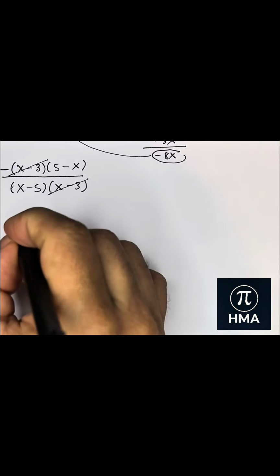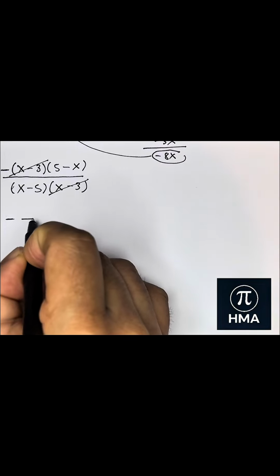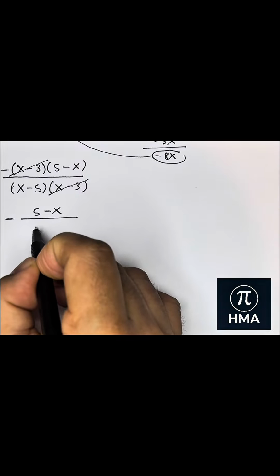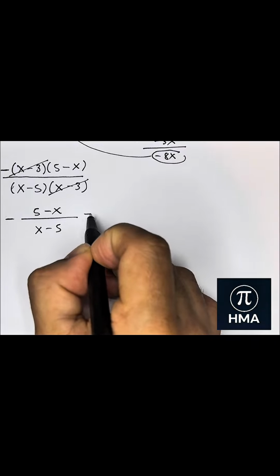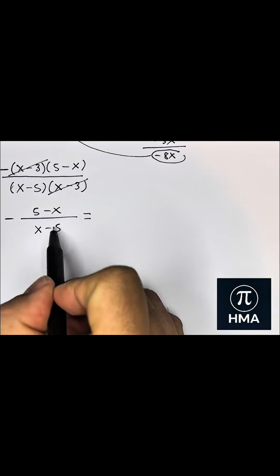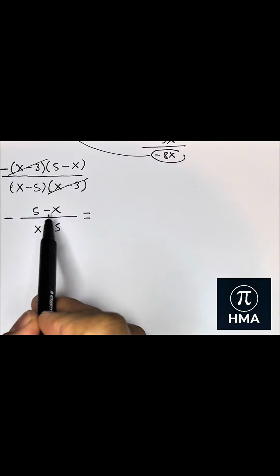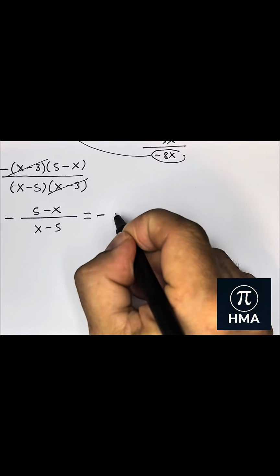Now I will rewrite this expression. I will take out the negative, and we have 5 minus x and x minus 5. You observe the terms are the same, but again the signs are different. We need to take out a negative of this numerator, and I will do it.